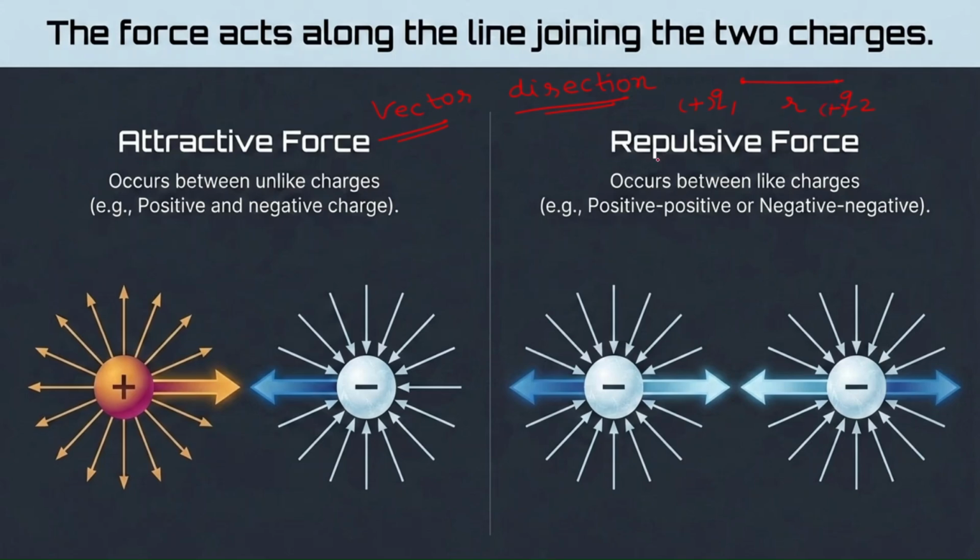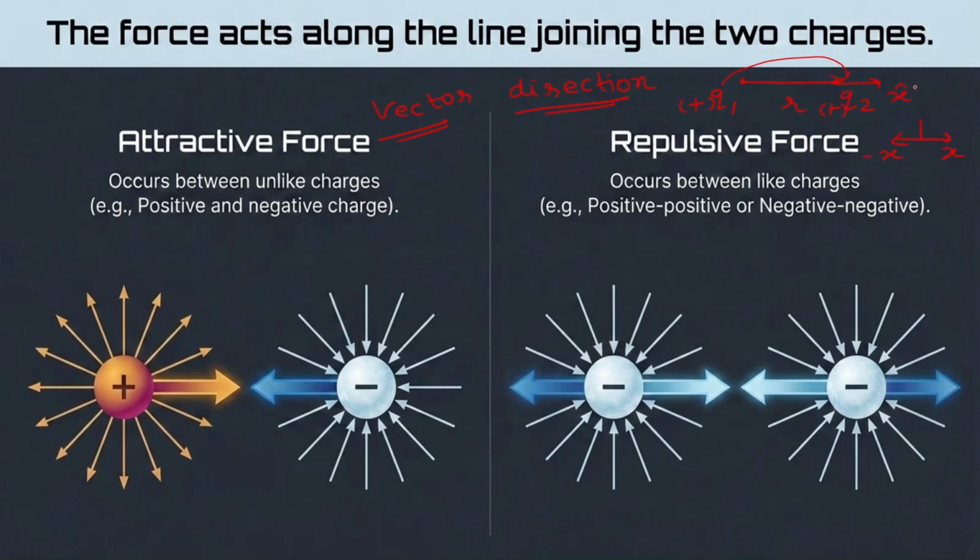This is also a positive charge. As I said earlier, two like charges repel each other. Now, Q1 acts on Q2 to exert a force in this direction. Let's take this as positive x and this, let's say, negative x.